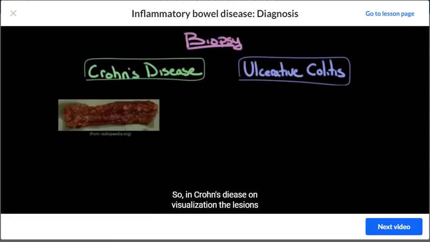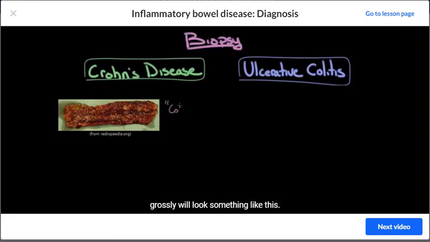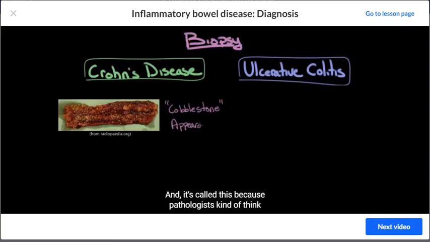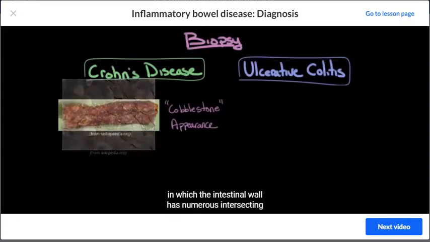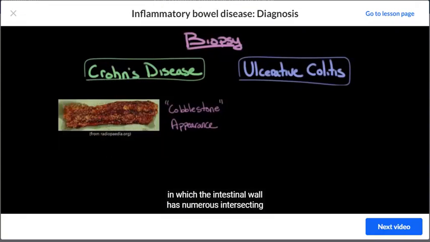So in Crohn's disease, on visualization, the lesions grossly will look something like this, and this is known as a cobblestone appearance. And it's called this because pathologists think these lesions look somewhat like a cobblestone path, in which the intestinal wall has numerous intersecting lesions to make this cobblestone pattern. Then once this gross appearance is seen, a biopsy of the intestinal wall is taken to look at under the microscope.